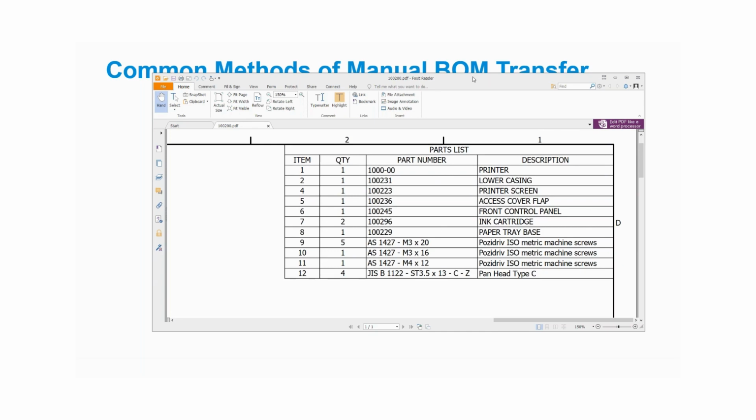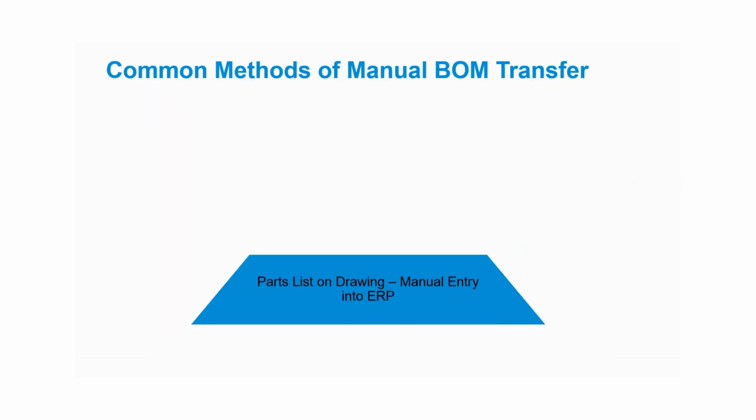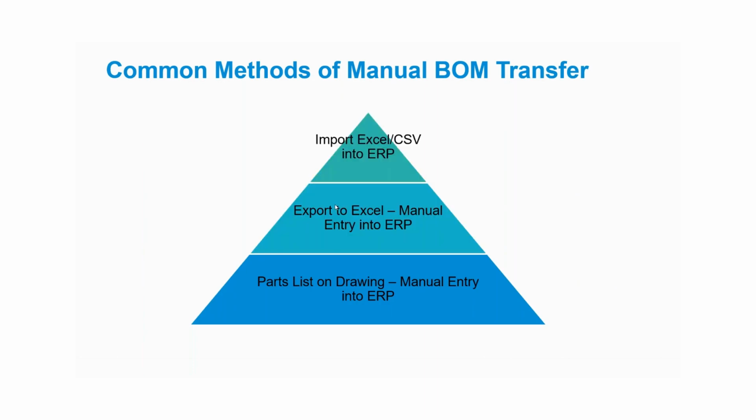That can work, right? But it's not the most efficient, and there are inherent issues with that, which we'll get into in a little bit. All right, so method number 2, which I think more and more people are doing these days, is you'll commonly export the bill of materials to Excel, at which point maybe someone will take the spreadsheet and enter it into ERP, right?